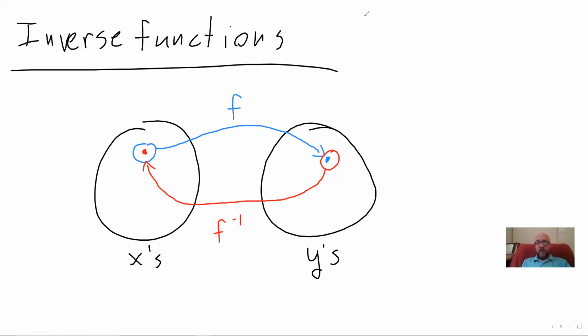Let's say this little red guy is A, and this blue guy is B. f takes red A and turns it into blue B. f inverse takes in B and gives me back out the exact thing I started with, A. That means f inverse is undoing what f did. That's the idea of an inverse function.